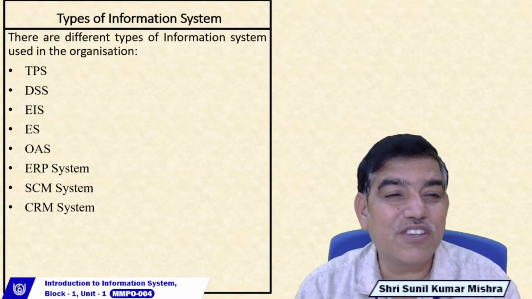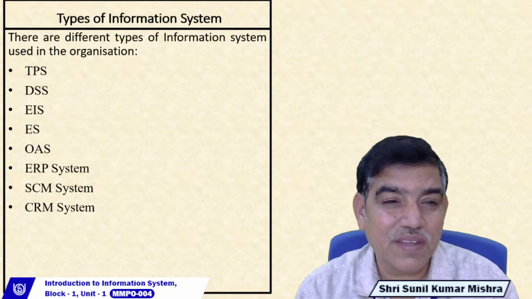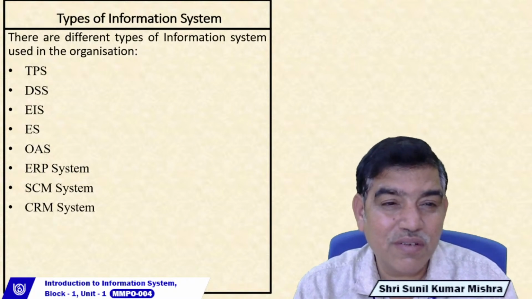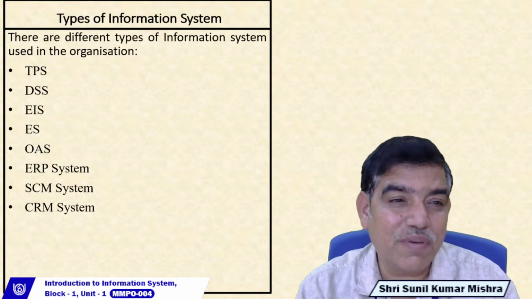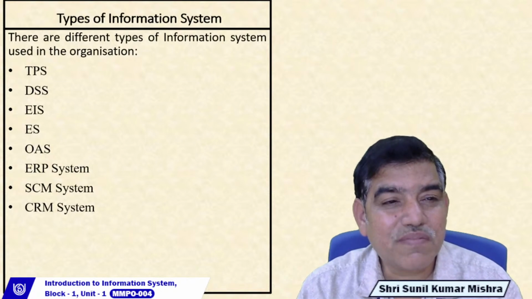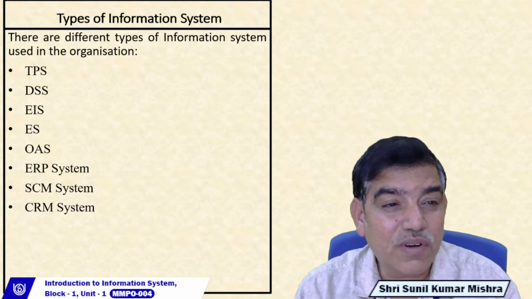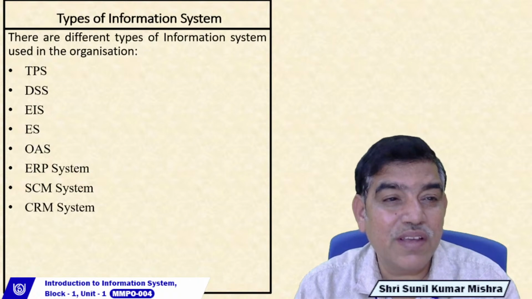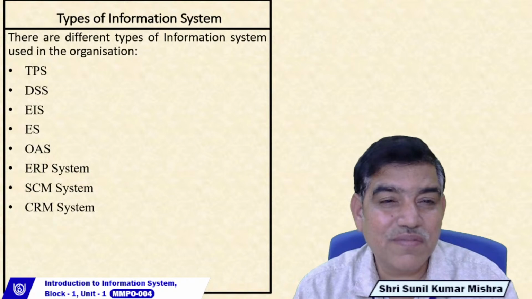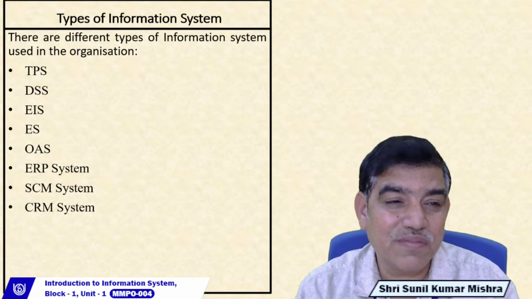For example, a billing system. Every day, customers visit a store, take some products, and pay the bill amount. If you keep all the information of different customers, that is called a TPS. That is a good example. In an organization, every day the employees enter by putting their fingerprints.